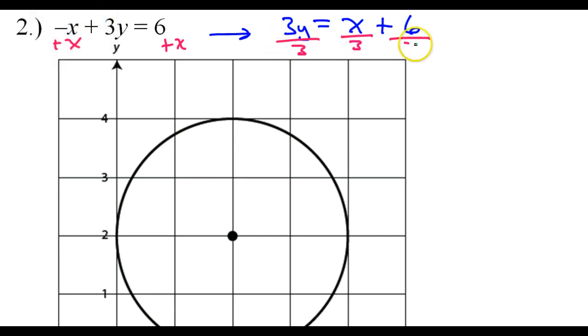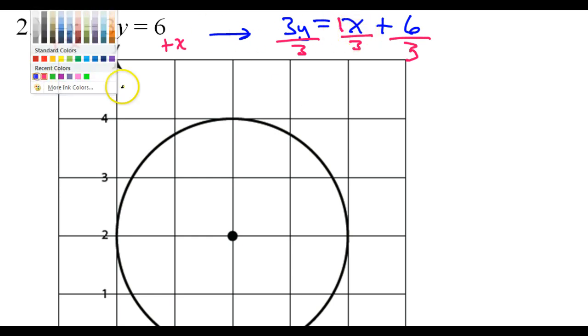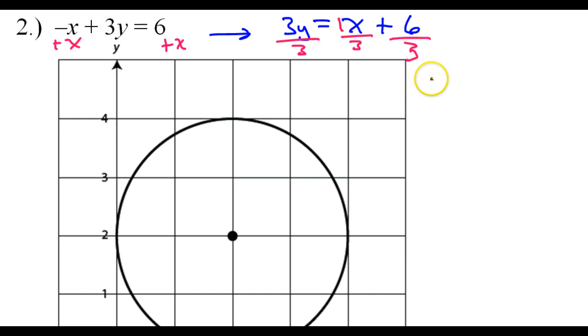We have to divide by 3 everywhere. Understand that x over 3 is the same thing as 1/3 x, by the way. So, in fact, maybe I'll just write it that way. These 3's obviously cancel out, so I have y equals 1/3 x plus 2.